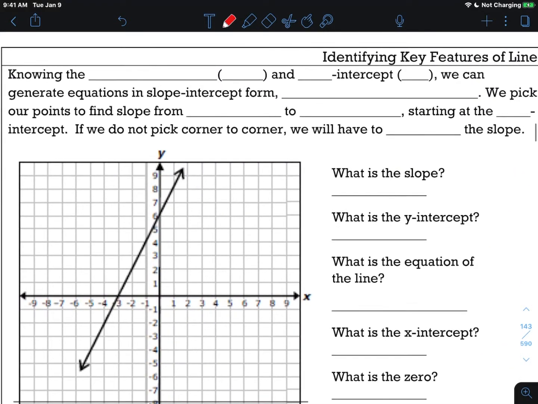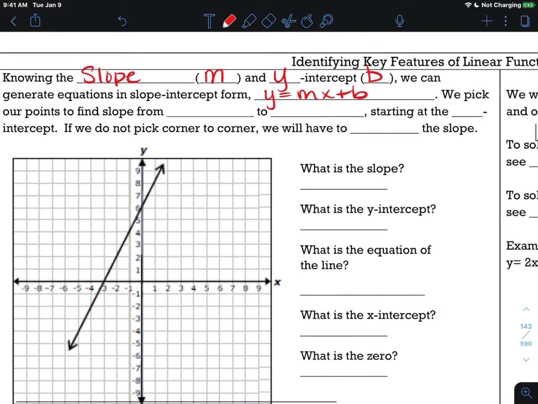So first of all, knowing our slope, also called my letter M, and y-intercept, letter B, we can generate equations in slope-intercept form. Y equals mx plus b.